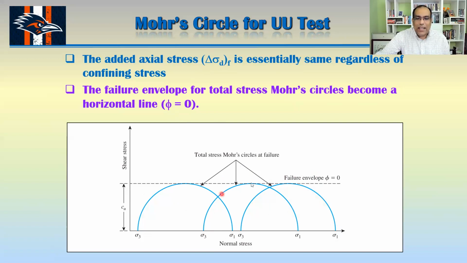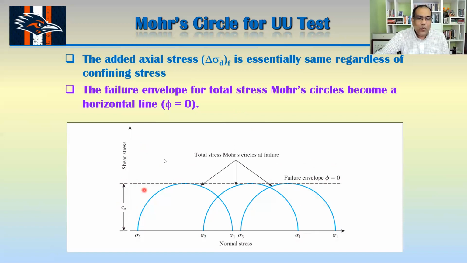But you are increasing your sigma 3, so your sigma 1 is increasing and the circle is moving to the right. If you draw that horizontal line here, we call that phi equal to 0. That's the total stress scenario here, and you can see your strength envelope is now horizontal.